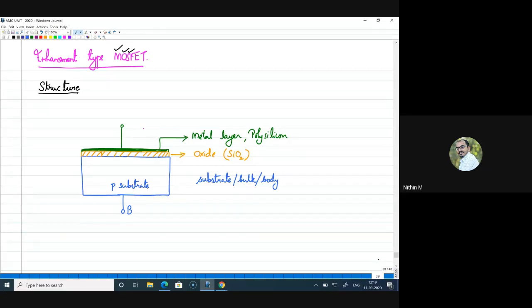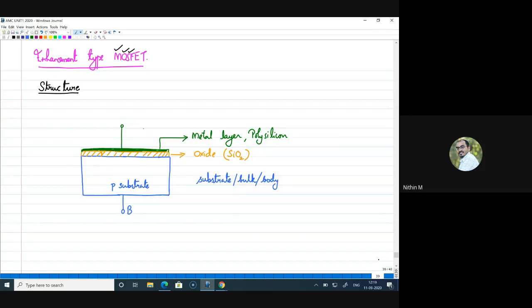Now, for a MOSFET, to complete the structure, in fact, you have a metal, oxide, and semiconductor layer. We have to define two more regions on the P substrate. That will really help in the current conduction or control between those two terminals, because now you can see that your metal layer is actually insulated from this P substrate. The green color is your metal layer, and that is insulated from your P substrate.